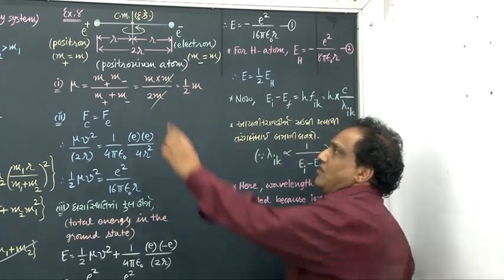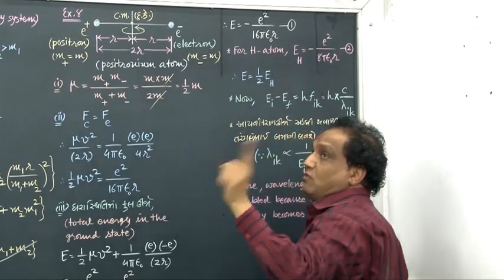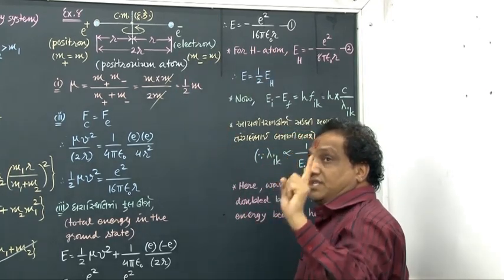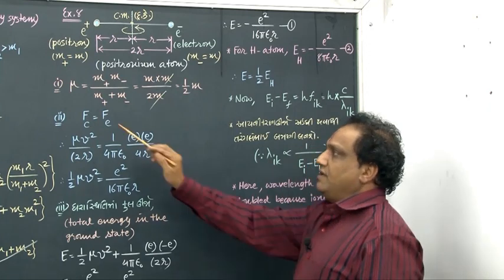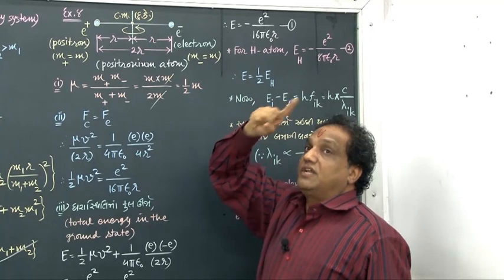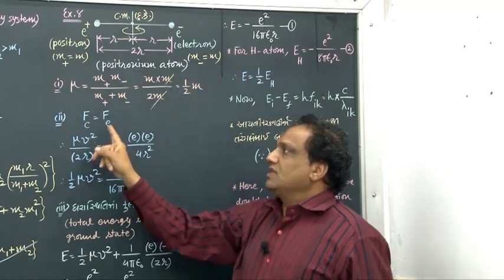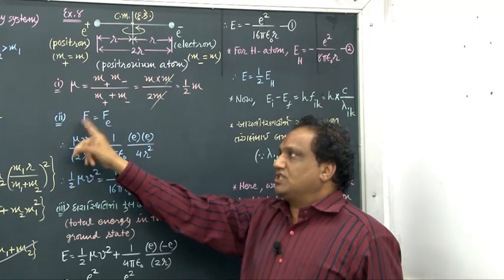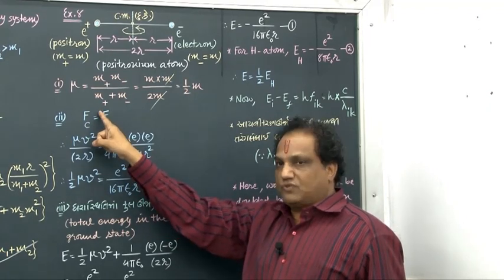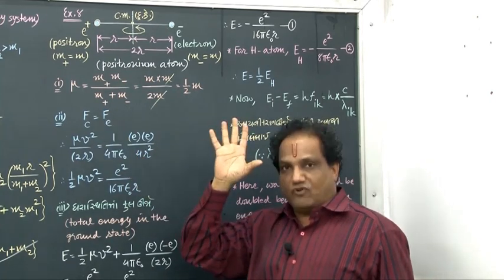Now tell me, if this particle is performing uniform circular motion, there must be some centripetal force. Let it be Fc. Actually it is provided in the form of electrostatic force of attraction by electron on this positron. So the centripetal force is provided in the form of electric force. Fc means centripetal force and Fe means electric force.